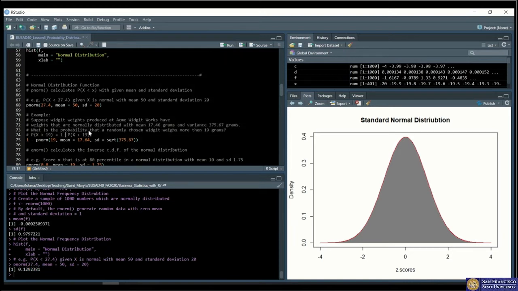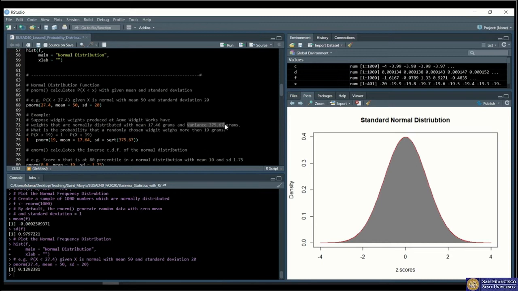So let's suppose I am interested in calculating something here. Suppose we have a widget produced at the ACME widget works, right? We select a sample in this work, and the sample has a mean value of 17.46, and the variance of the sample is 375.67.